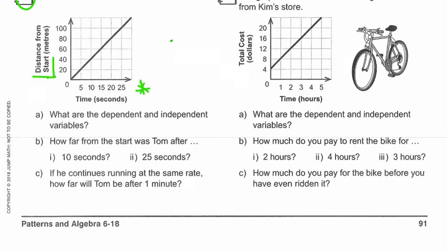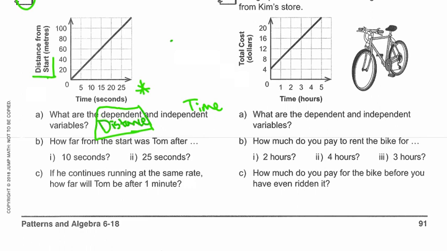So the longer he runs for, the further he runs. So the dependent variable is the distance, and the independent is the time. Okay? So again, this would be written in your notebook somewhere. So distance is the dependent one right here, and the independent is time.